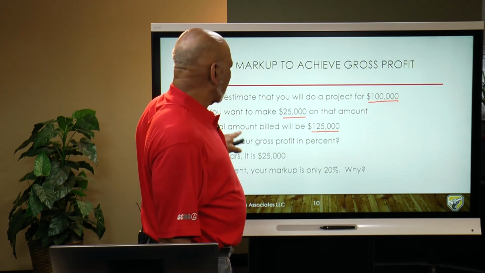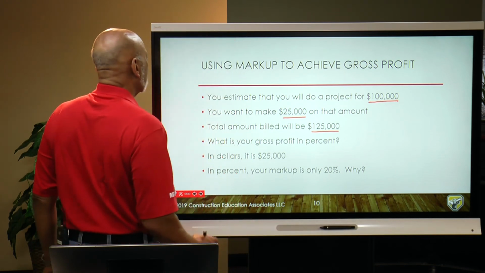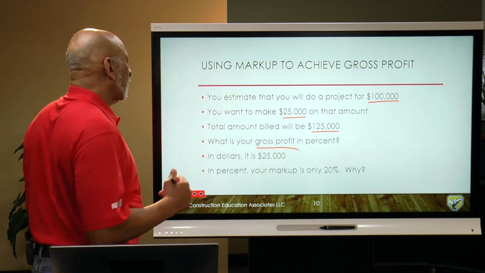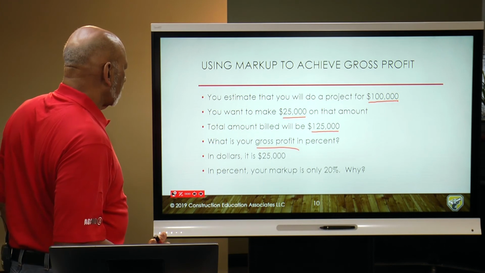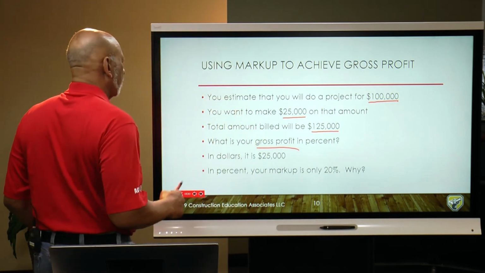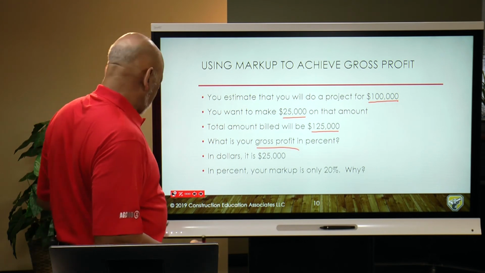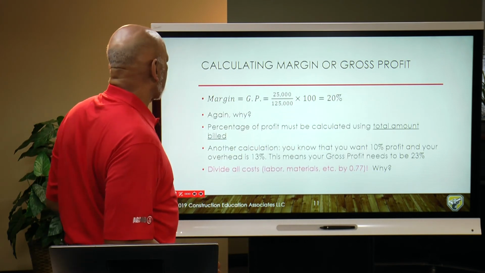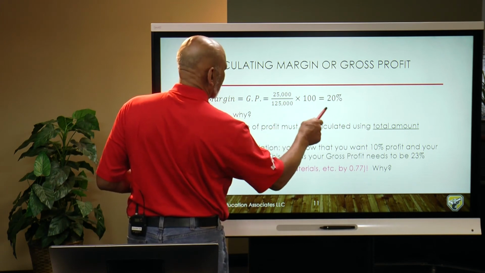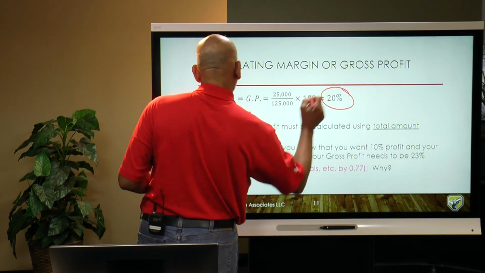But it isn't, because your gross profit is based on the total amount billed. So your profit is 25,000, but your markup is only 20,000. And so in this next slide, you see that 25,000 divided by 125,000 times 100 gives you 20%.